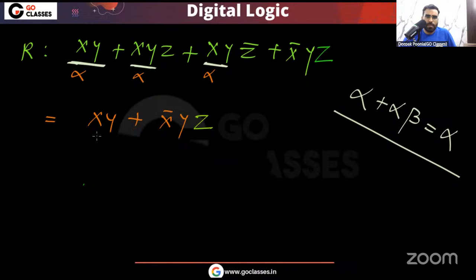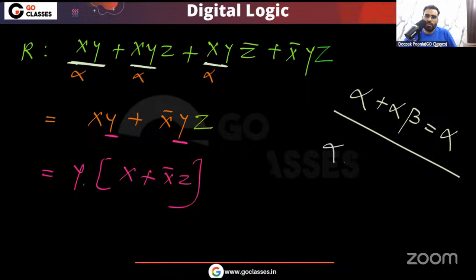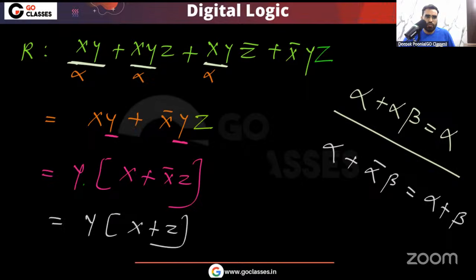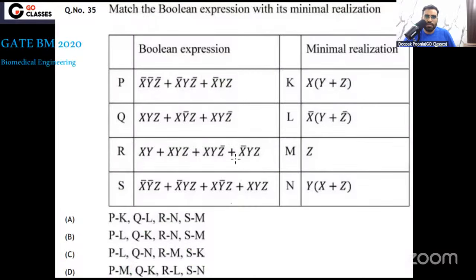So here I can take this Y out. If I take this Y out, inside I will get X or X bar Z. Here you can apply this property that alpha or alpha bar beta, you can remove this alpha bar and it will be alpha or beta. Here remember this X is alpha. So inside I will get X or Z. So Y, X or Z. So R is matching with Y, X or Z. So R is matching with N. Okay, so remember R is matching with N.